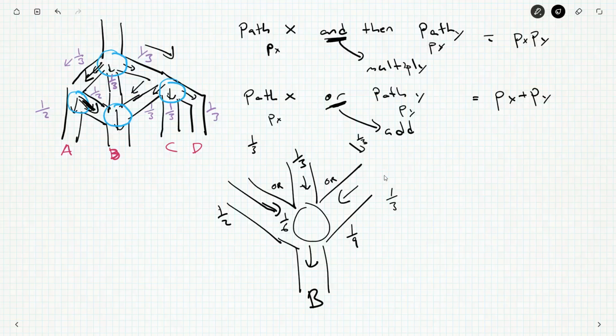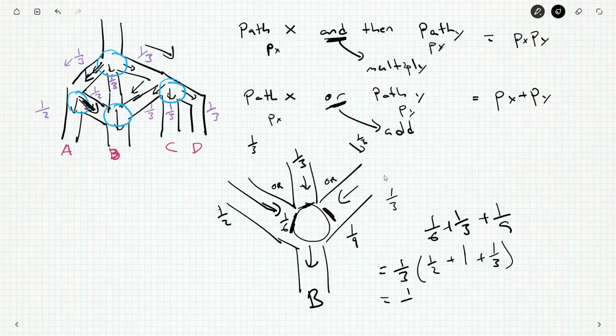So what's the probability he reaches B? Well, it's the probability that he comes from this direction, or this direction, or this direction. So we add them all up. 1/6 plus 1/3 plus 1/9. And what can we do here? Well, we can take out a factor of 1/3. So we get 1/2 plus 1 plus 1/3.